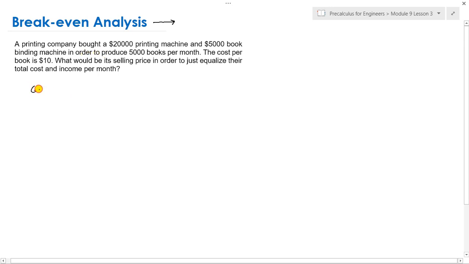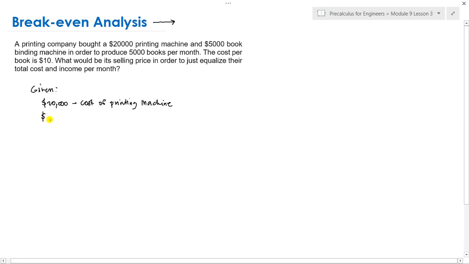So let's write the given. They bought a $20,000 printing machine, so write $20,000 for the cost of the printing machine. The next is $5,000 for book binding.